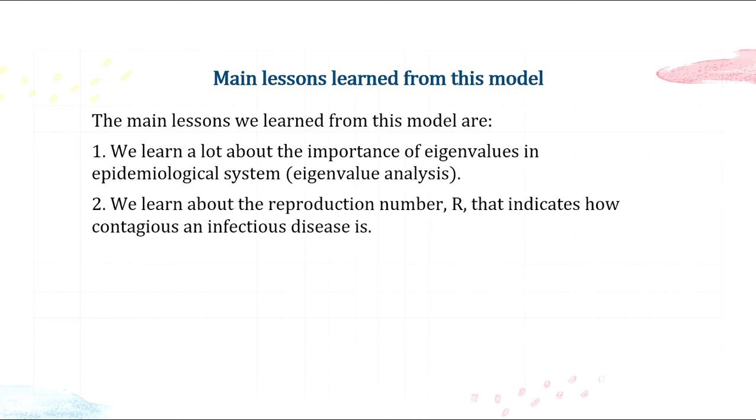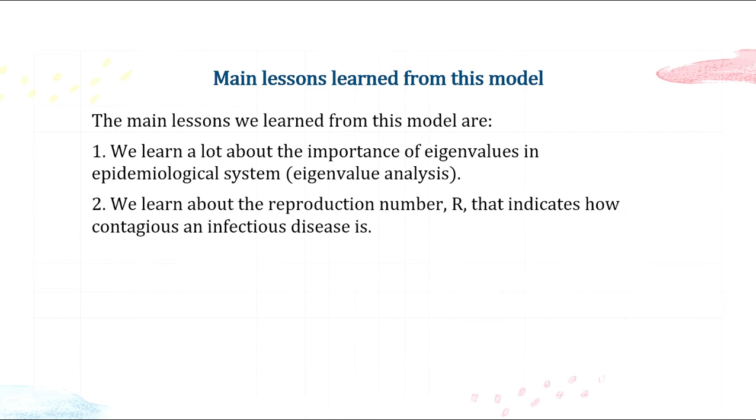So, in this project, the main lessons learned from this model is that we learn a lot about the importance of the eigenvalues in the epidemiological system, or the eigenvalue analysis. We also learn about the reproduction number R that indicates how contagious an infectious disease is.